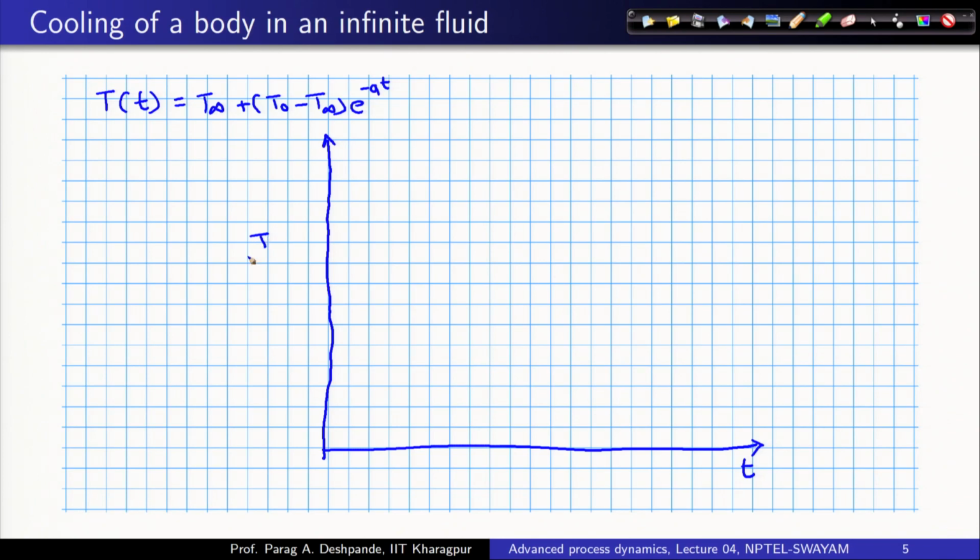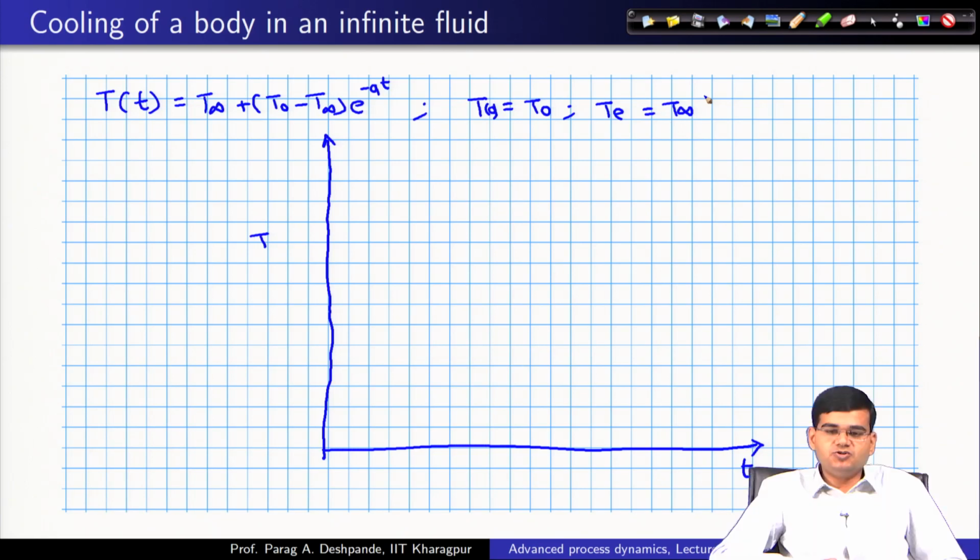Okay. So, my initial temperature is T 0, and my equilibrium temperature is T infinity, which means that I am going to start my system with temperature equal to T 0, and it should ultimately end up at T infinity. So, as time t tends to infinity, my temperature capital T should tend to T infinity.